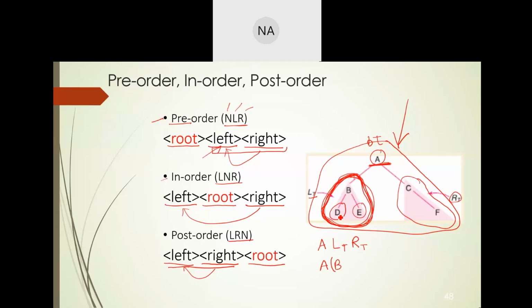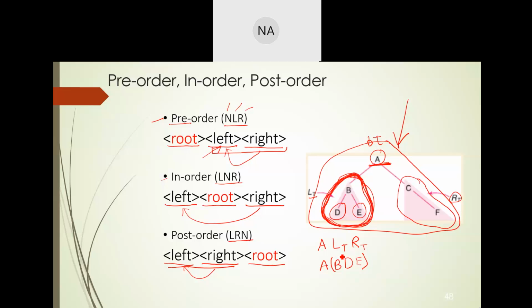These cases are simple because the left subtree of node B contains a single node, so we can directly write it. Similarly, the right subtree of B also contains a single node, and that node is E, right? So this is the traversal of this subtree.